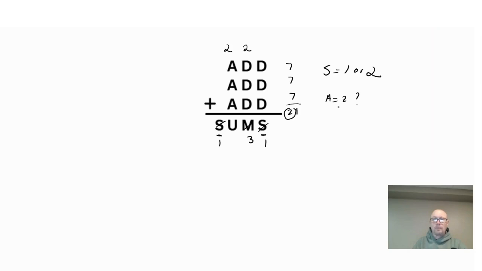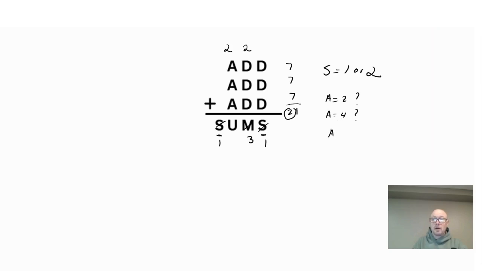What about if A was 4? If A is 4, we would get 4 plus 4 plus 4 is 12, plus another 2 is 14. That means the U would also have to be 4, and they have to be separate digits. So 4 doesn't work either.